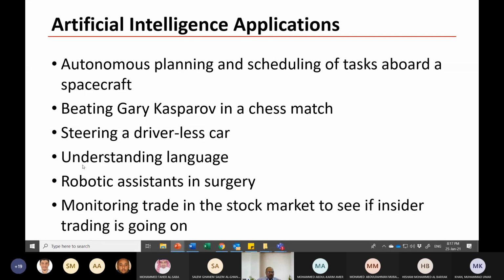This is another application: understanding language, and you have Siri or whatever in your mobile, so it can have some kind of intelligence. Robotic assistance in surgery, and monitoring trade in the stock market to see if insider trading is going on.